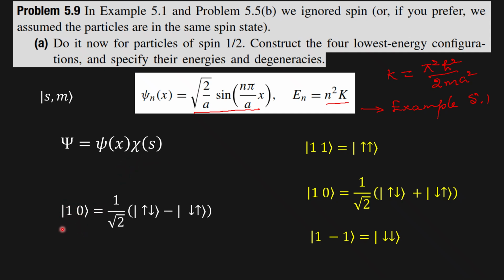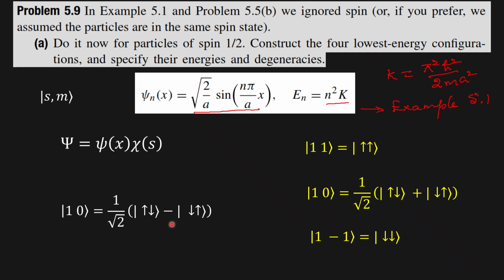Now let us take the simplest case of spin one-half particles, a two-state system. The total spin is zero and the magnetic quantum number is zero. This can be written as a linear combination of two states: 1 over square root of 2 times spin up, spin down, minus spin down, spin up.